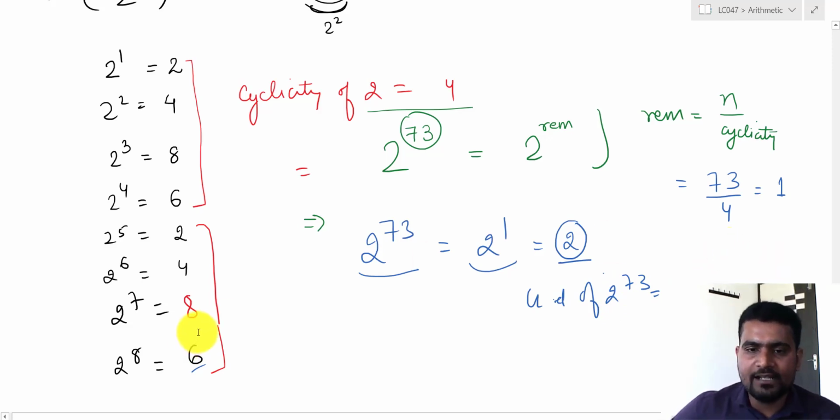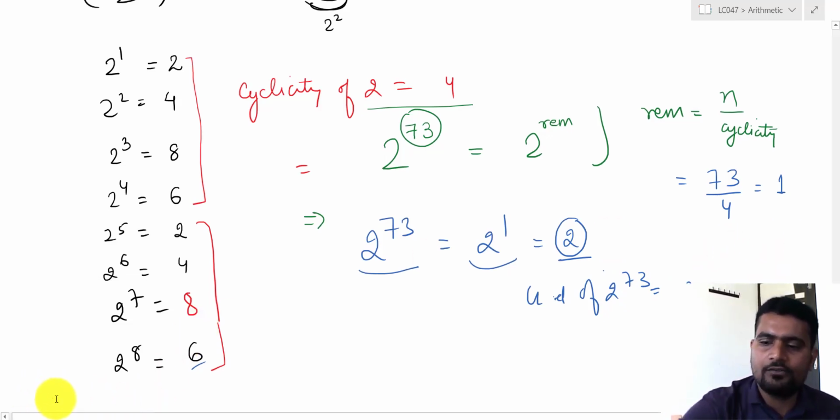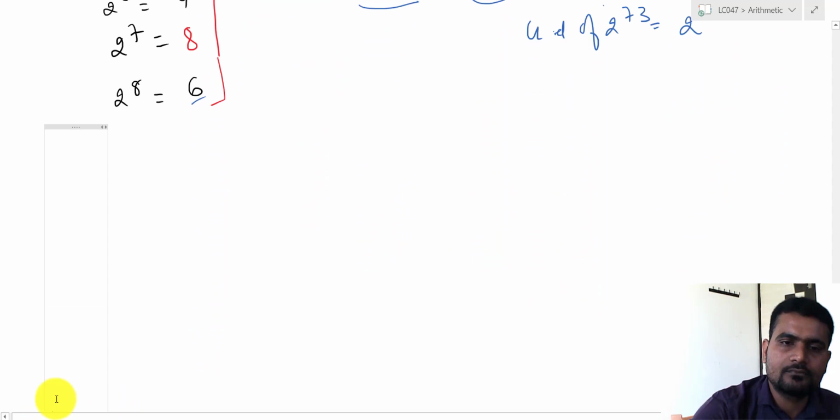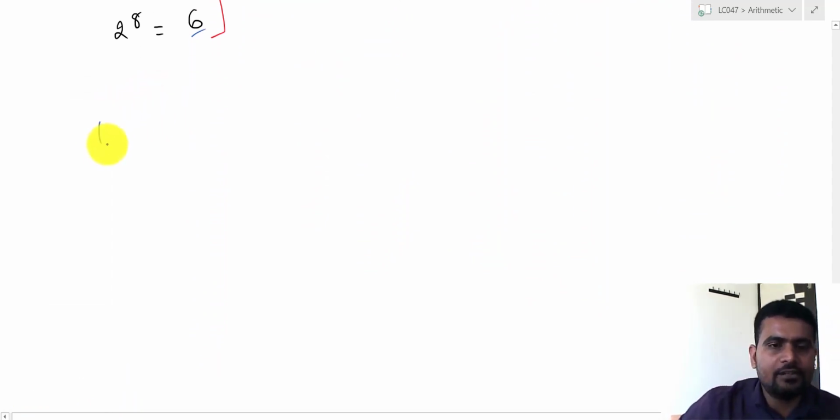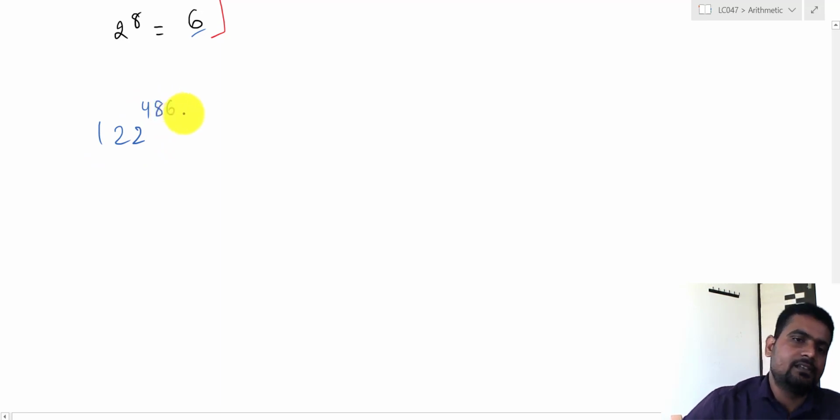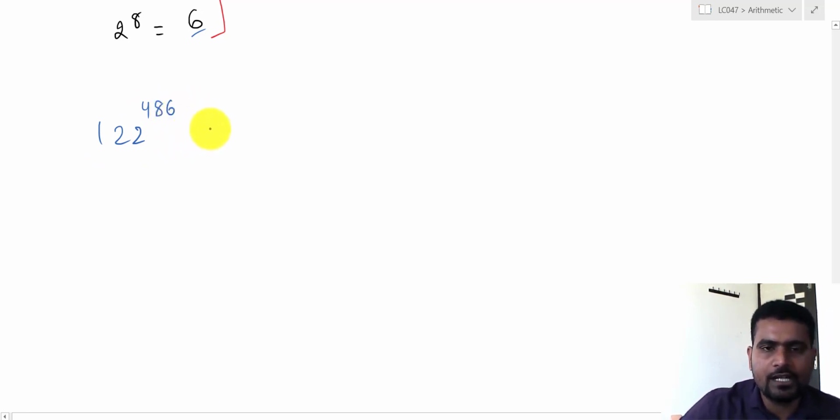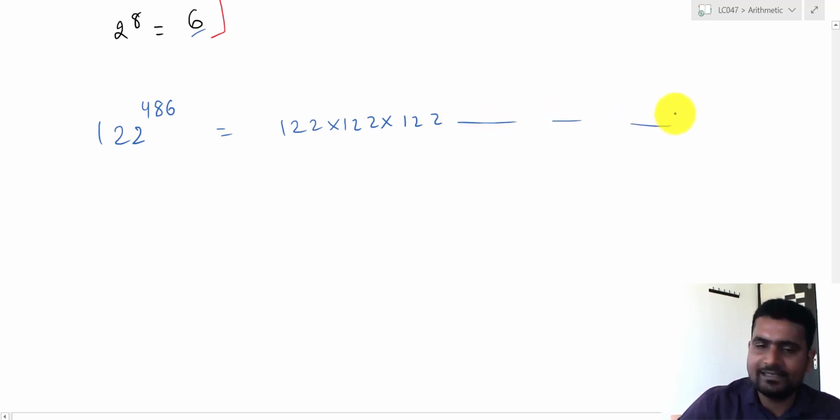Okay. Same way, if I tell you to find the unit digit of 122 raised to power 486, how are you going to find it? I told you before that 122 raised to power 486 is actually 122 into 122 into 122, 486 times.